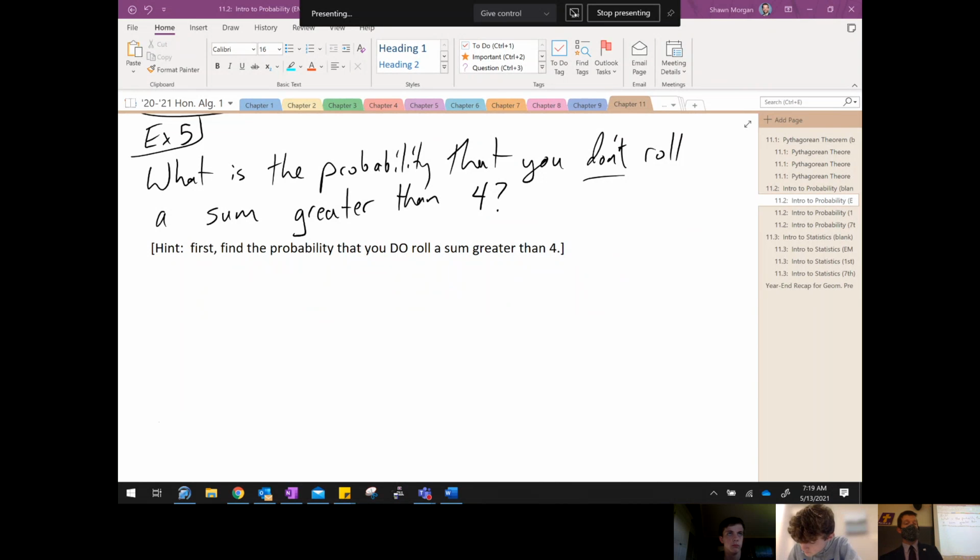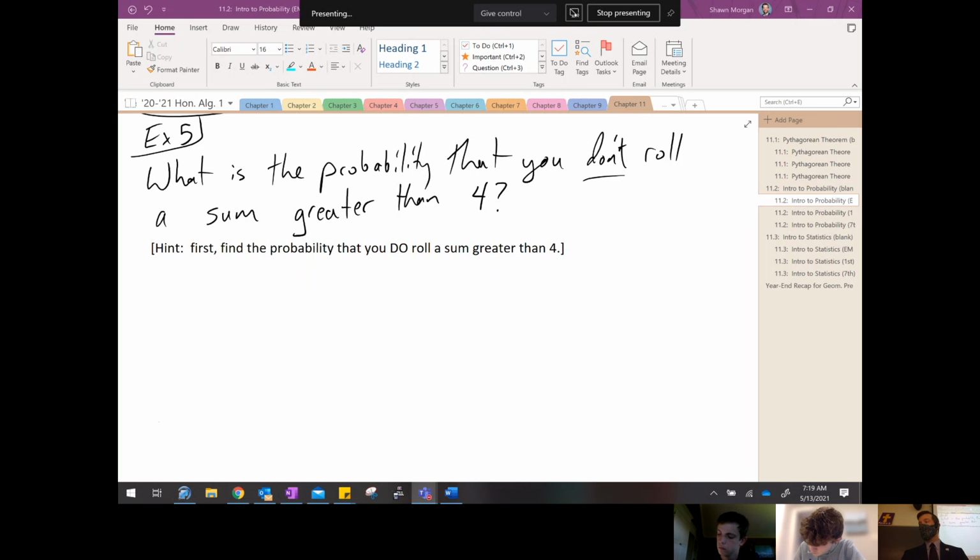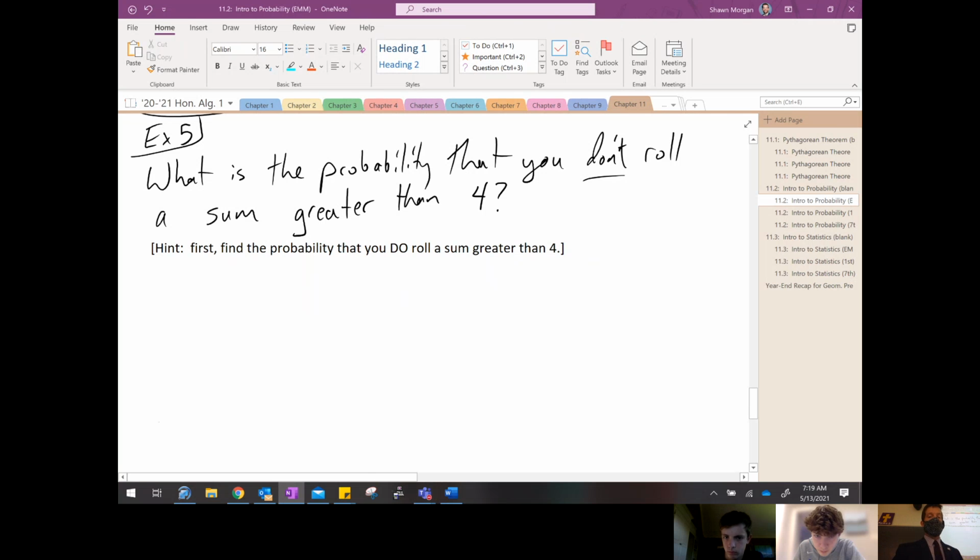So along those same lines, still talking about rolling 2 dice, this question uses the negative. It says, what is the probability that you do not roll a sum greater than 4? And what I would submit to you as we get started today on this first example is that the word don't might tip us off to that previous slide where we talked about what is called the complement of our event, okay?